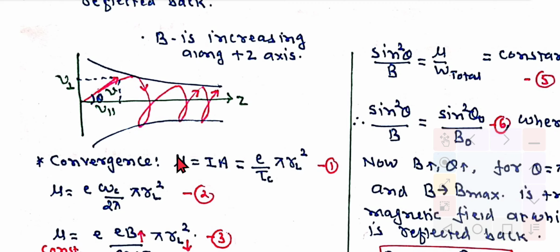It is a constant quantity. What do you mean by current? Current equals charge divided by time. A is the area, pi RL square. What is RL? RL is called Larmor's radius, I mean the radius of gyration.